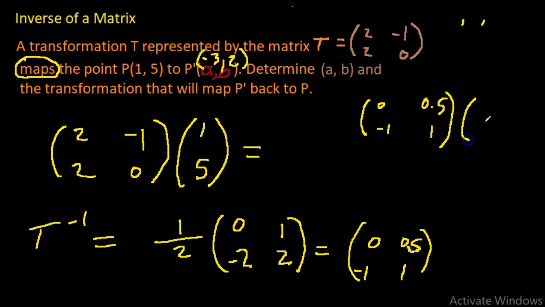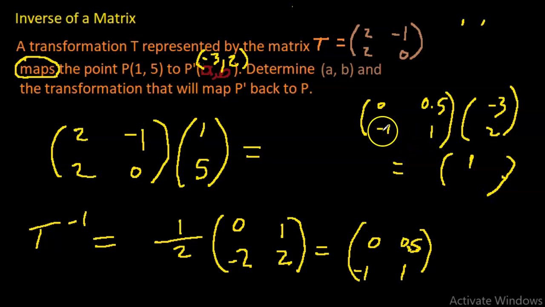And let's multiply it by (-3, 2) and see what we get. Remember, row by column. 0 times minus 3 gives us 0, and then 0.5 times 2, that's 1. So 0 plus 1, that's 1.